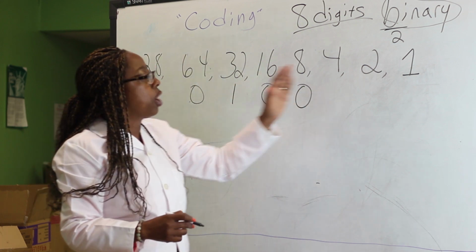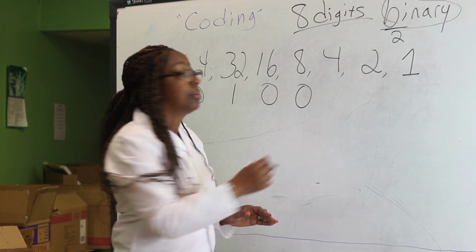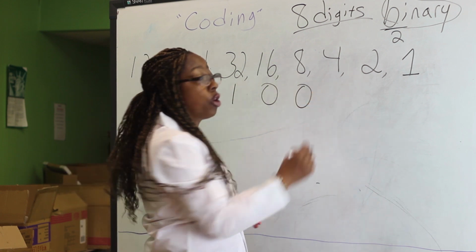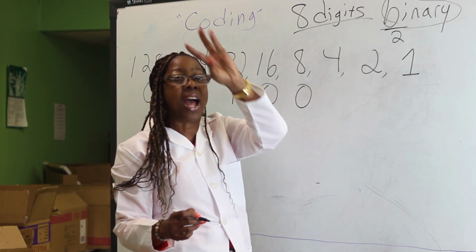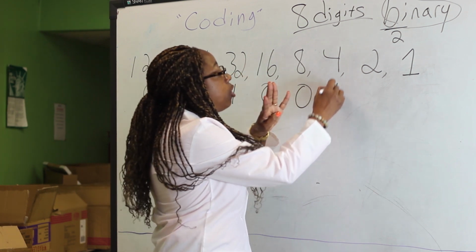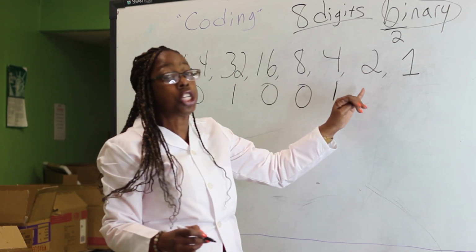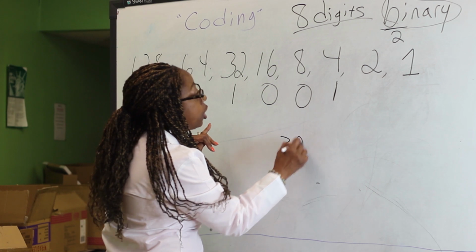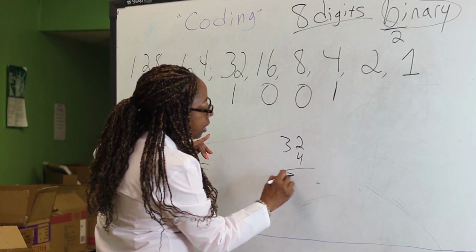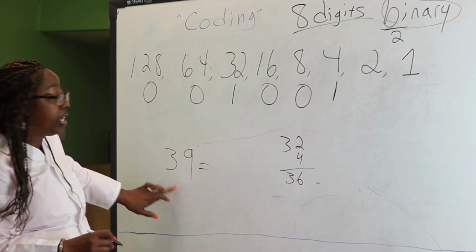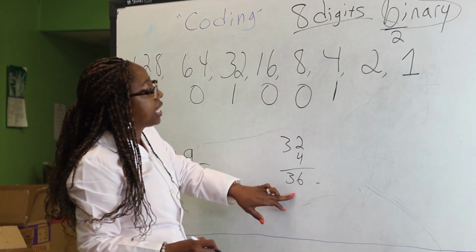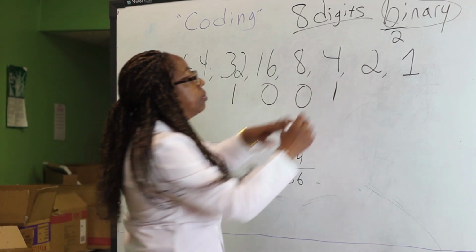So 32, can we use the 4? 32, 33, 34, 35, 36. Yes, we can use the 4. Do we need the 2? So right now, we're at 32 plus 4. That gives us 36. We got to get to 39, guys. We're at 36. Can we use the 2?